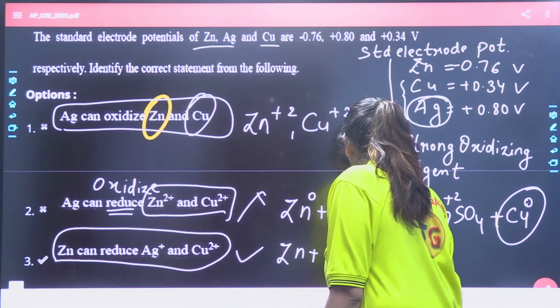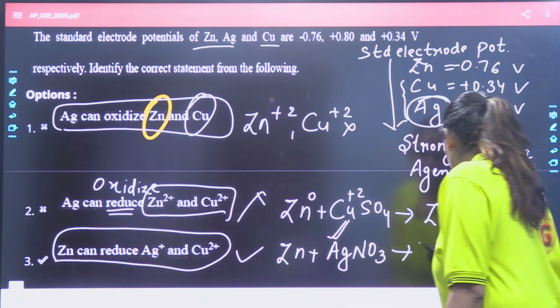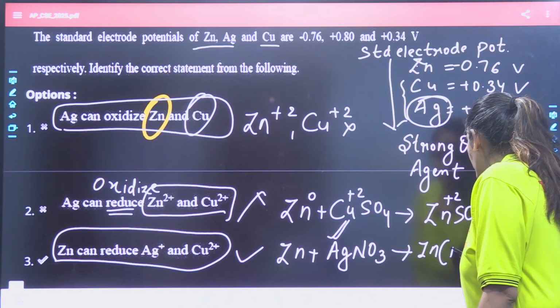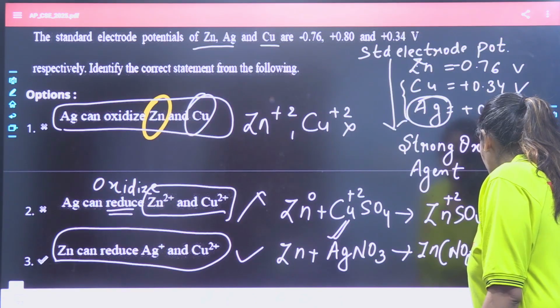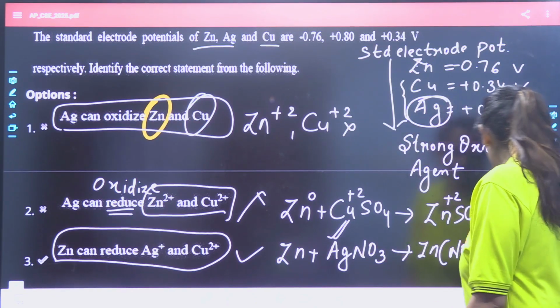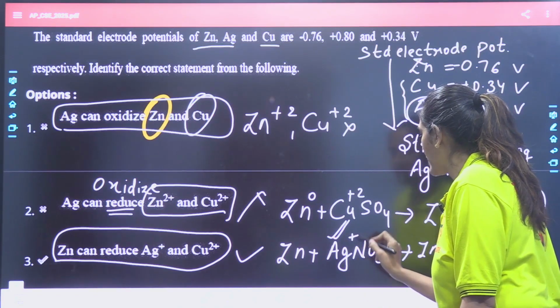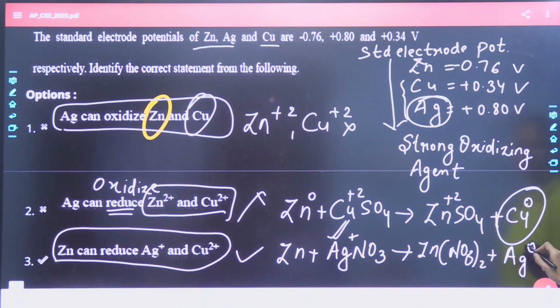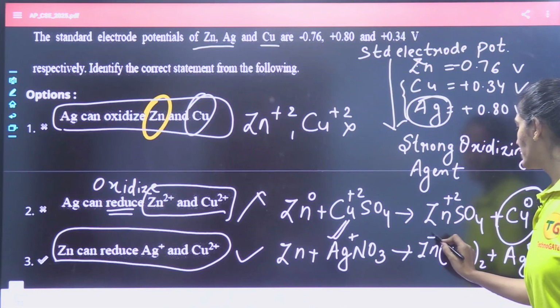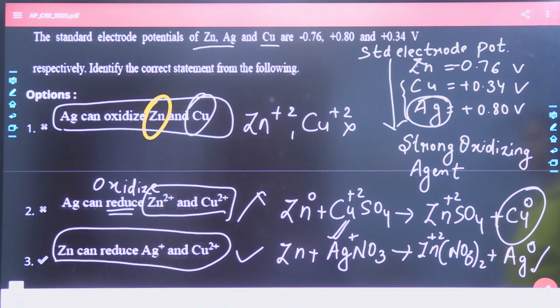Similarly, if it would react with, say, silver nitrate, it would reduce it and itself get oxidized. Here we have Ag in plus 1, so it would be reduced. This reaction is possible. And zinc from 0 would go into plus 2, it would get oxidized.